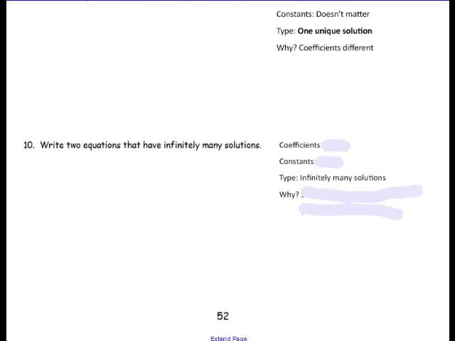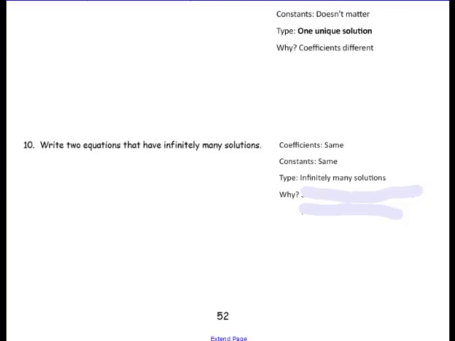Question 10. Write 2 equations that have infinitely many solutions. Pause the video and write down what you know about the coefficients and the constants when there are infinitely many solutions. The coefficients will be the same. The constants will be the same.